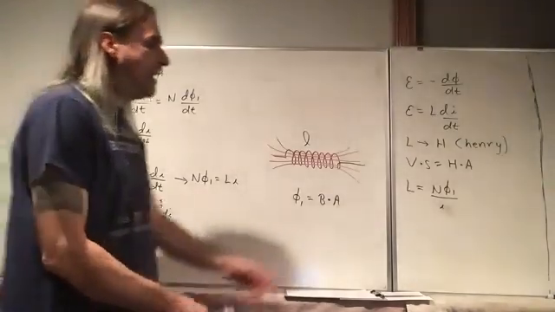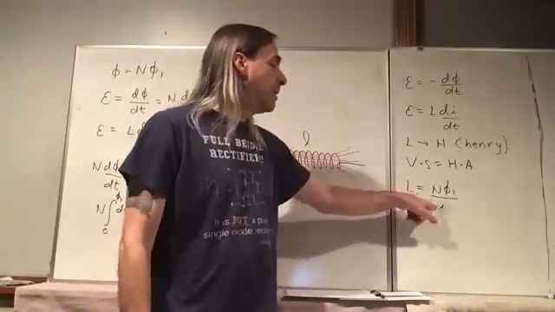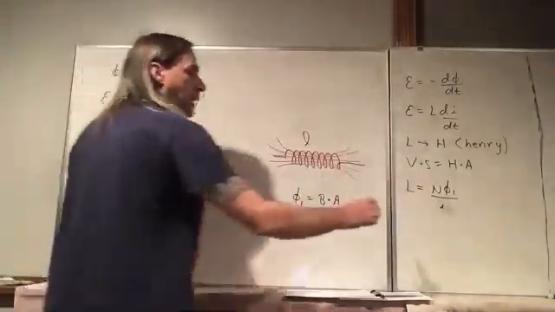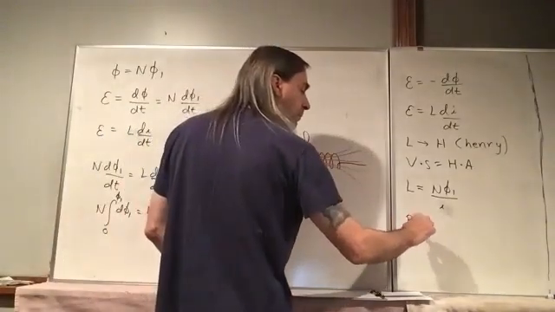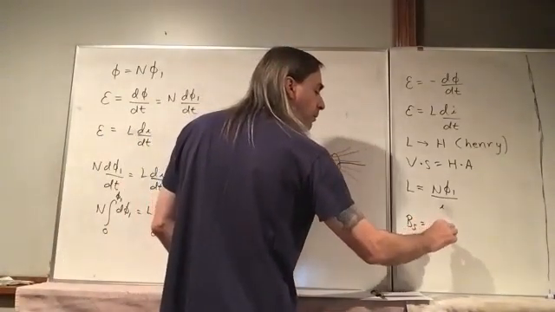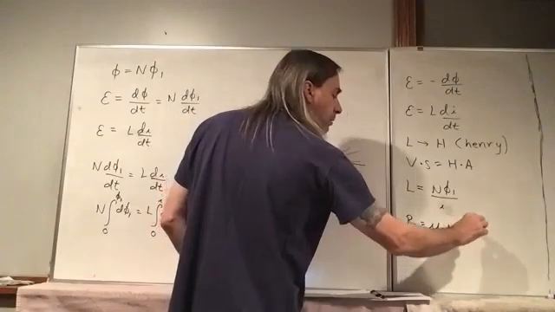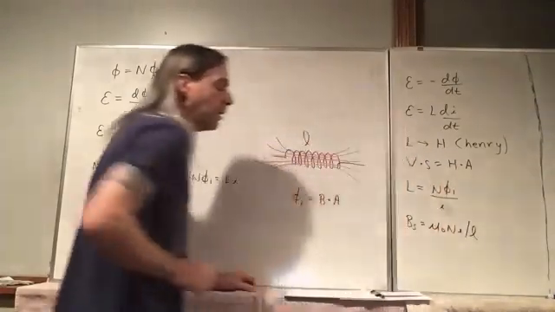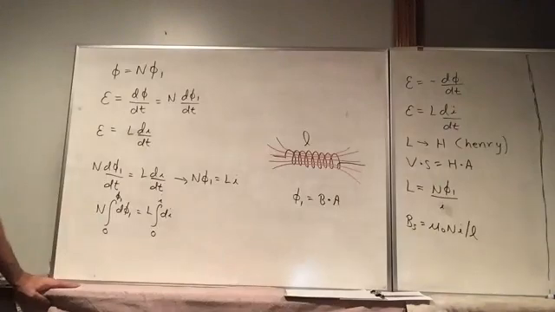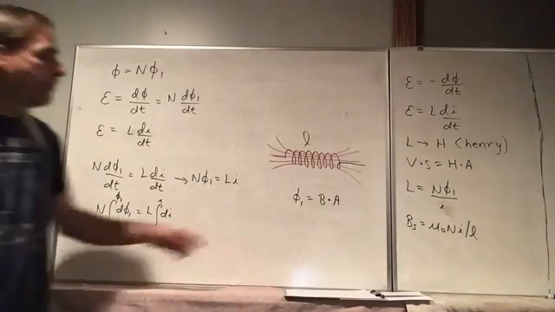And no, it looks like L should be a constant because let's look at it for a solenoid. For a solenoid, I'm going to write it this way. The magnetic field for a solenoid is mu naught Ni over L. And so if we double the current, we're going to double the magnetic field.